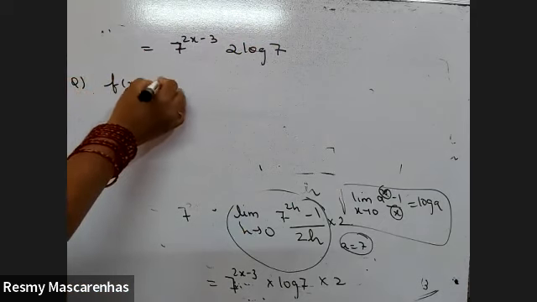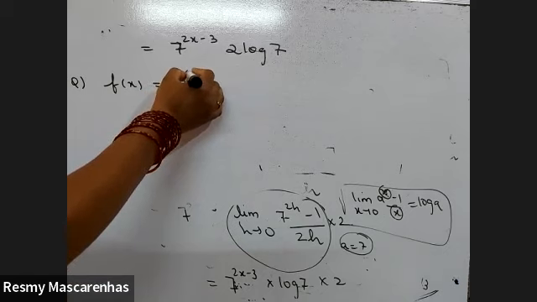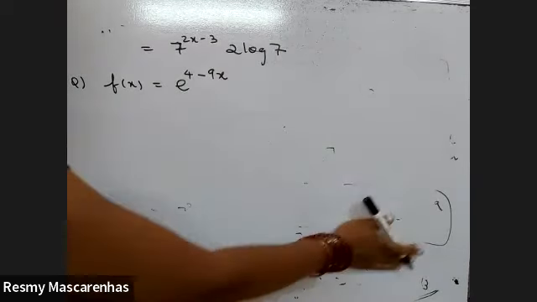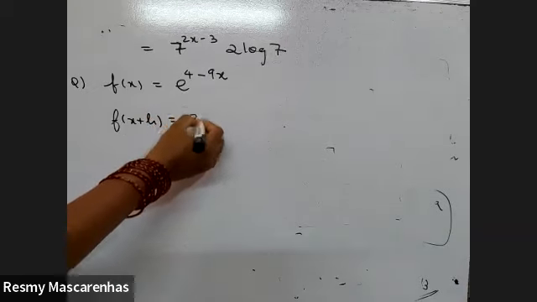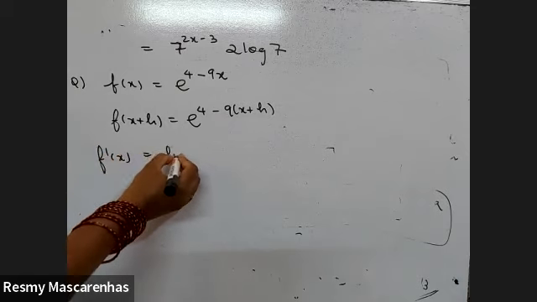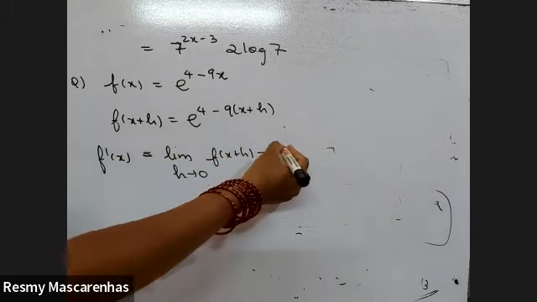f of x, suppose something like this: e raised to 4 minus 9x. f of x plus h will be... now write the formula and substitute. f of x plus h minus f of x upon h.